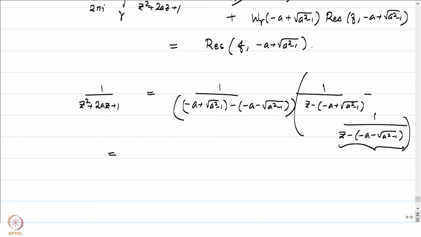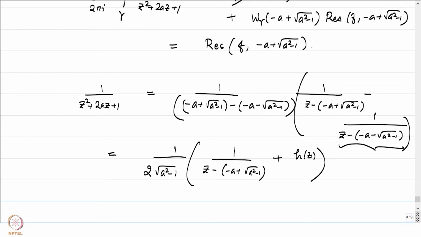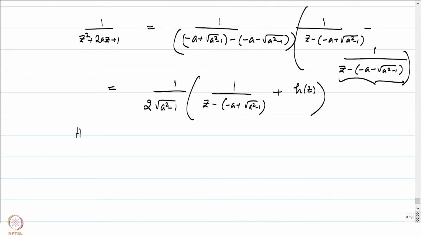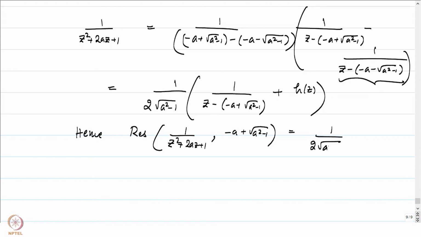This is minus a minus this, so this is going to be 1 by 2 times square root of a square minus 1 into 1 by z minus minus a plus square root of a square minus 1, plus a function h of z, which is holomorphic on the unit disk. We are not worried about it. There will be a power series expansion there, and hence the residue of 1 by z square plus 2az plus 1 at the point minus a plus square root of a square minus 1 is exactly going to be equal to the coefficient, which is 1 by 2 times square root of a square minus 1.